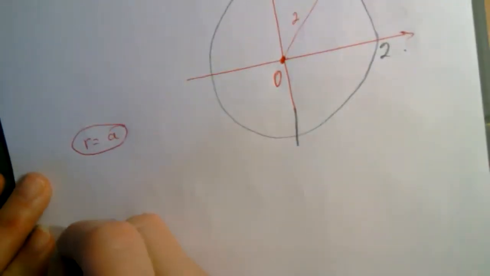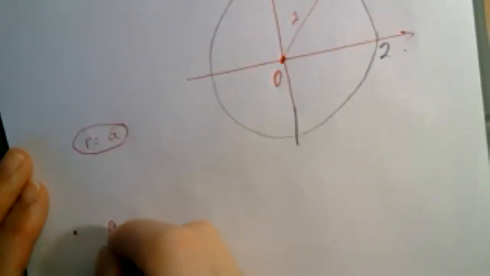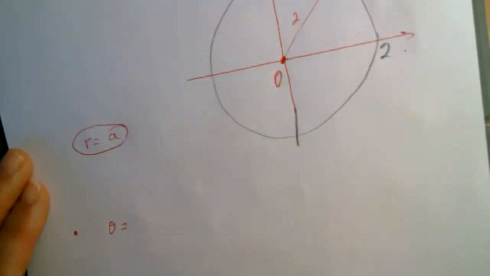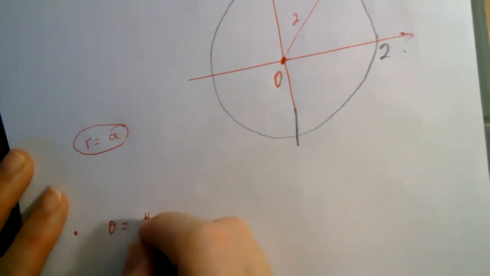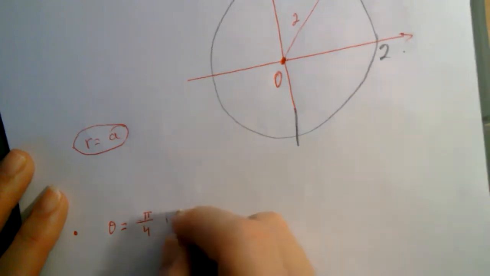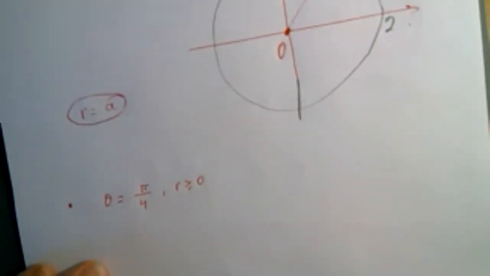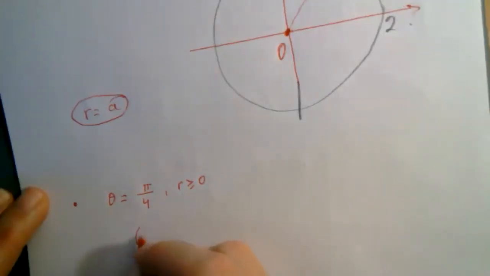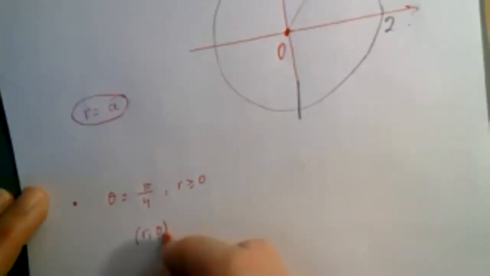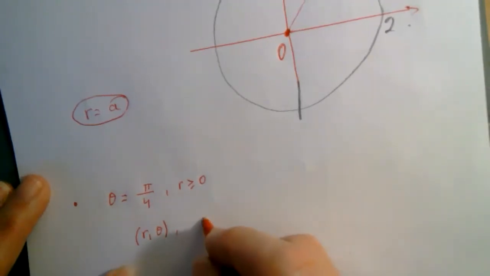Okay, question number 2 along the same line. So I will start with very simple. I want you to sketch the following curve. Theta equal pi over 4, r greater than or equal to 0. Now the condition is given on theta. So what am I after? It means I want you to sketch all the points whose polar coordinates satisfy the condition.